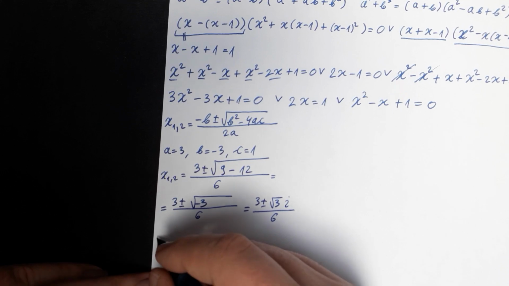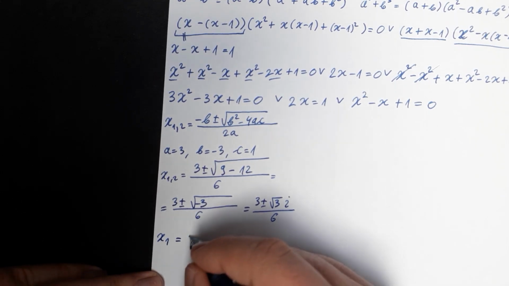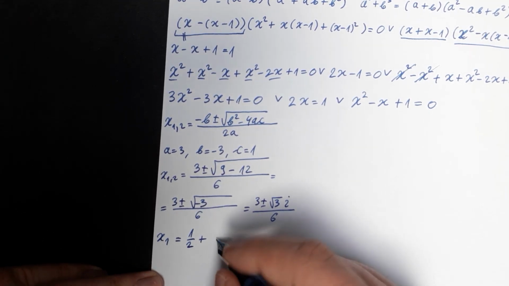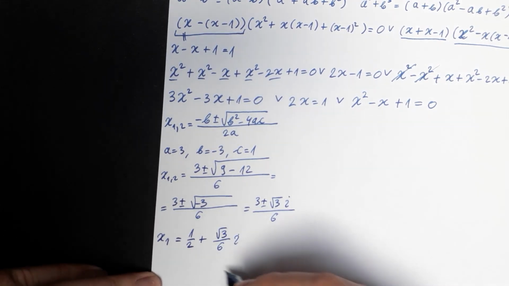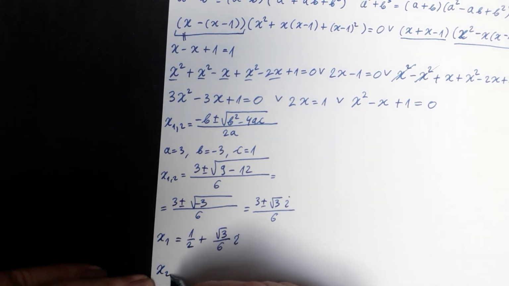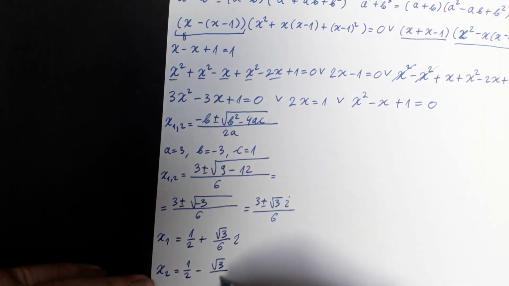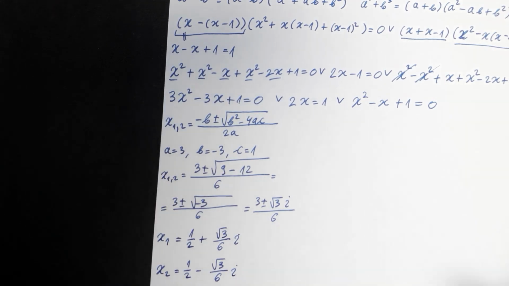And that is going to leave us with x1 being equal to 1/2 plus square root of 3 over 6 i, and solution x2 being equal to 1/2 minus square root of 3 over 6 i.